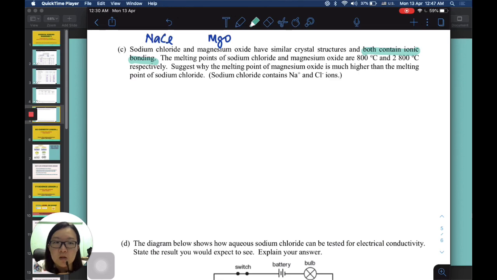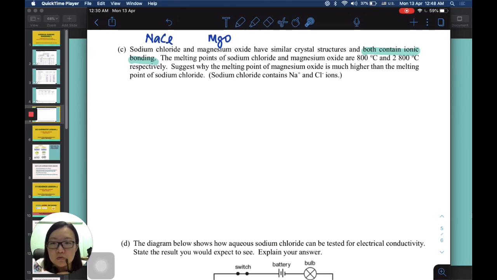It tells you that both contain ionic bonding, so both are ionic compounds. Then they tell you more info that their melting points are 800 degrees Celsius and 2800 degrees Celsius respectively. The question asks you to suggest why the melting point of MgO is much higher than that of NaCl.